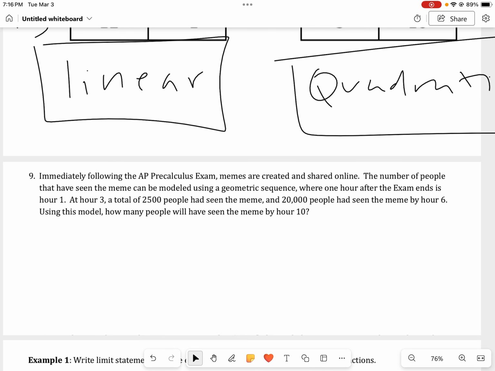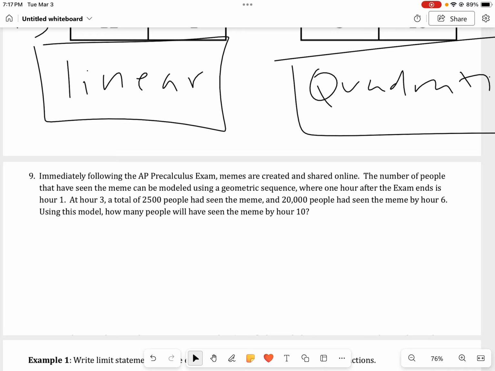Okay, so it says immediately following. This looks like an application one. Okay, so immediately following the AP Precalculus exam, memes are created and shared online.